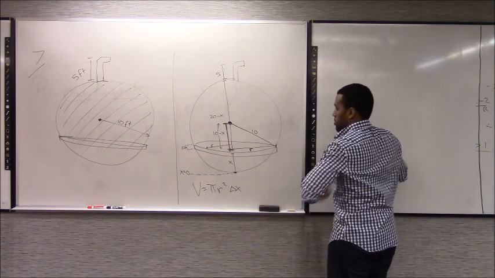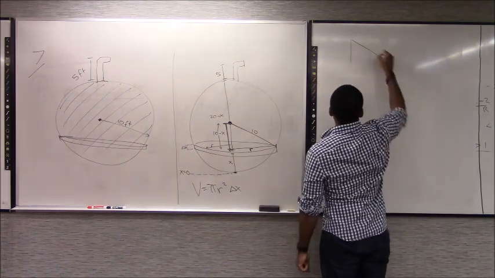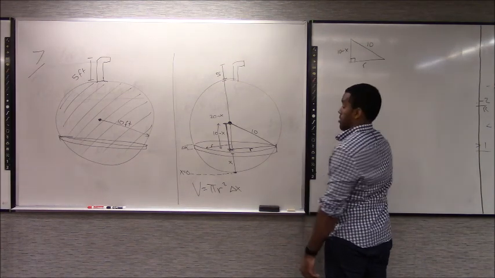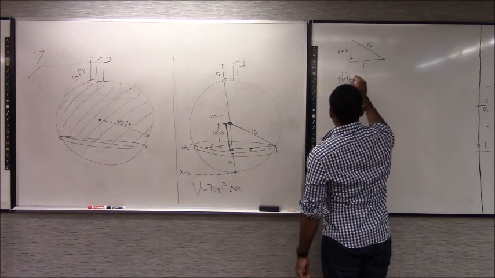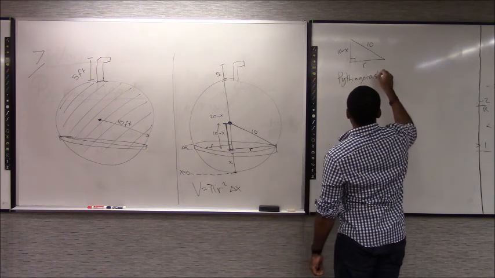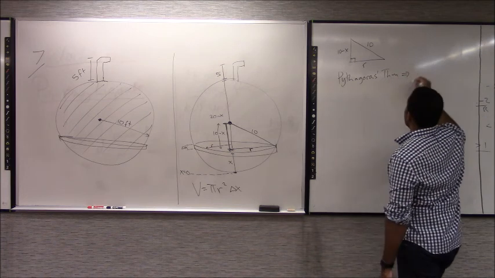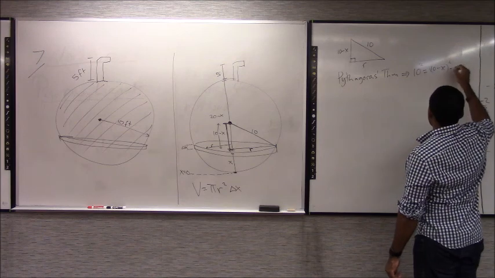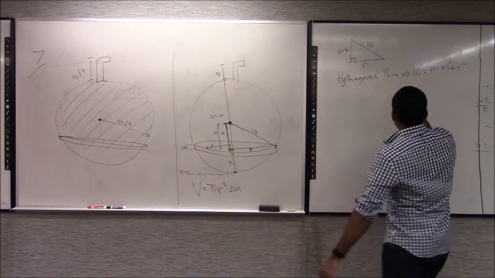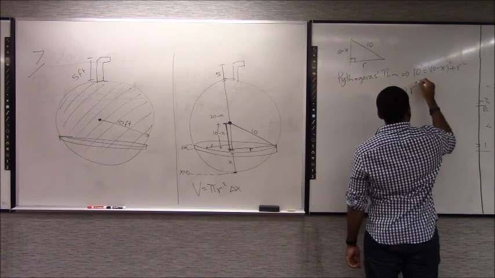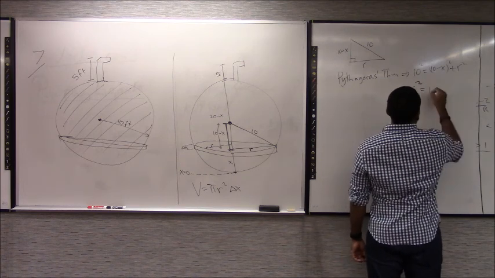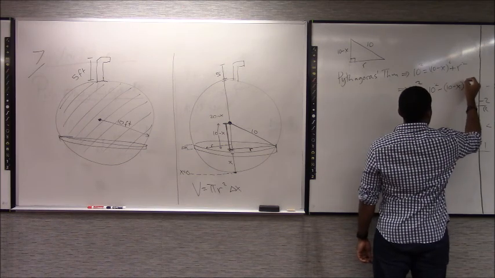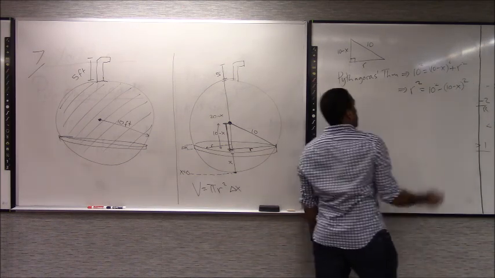So, what we have here is a right triangle. There's an r here, there's a 10 there, there's a 10 minus x here. Pythagoras' theorem tells us how to find r. It says 10 squared is going to be equal to (10 minus x) squared plus r squared. In other words, my r squared is going to be equal to 10 squared minus (10 minus x) squared. It's the difference of squares.